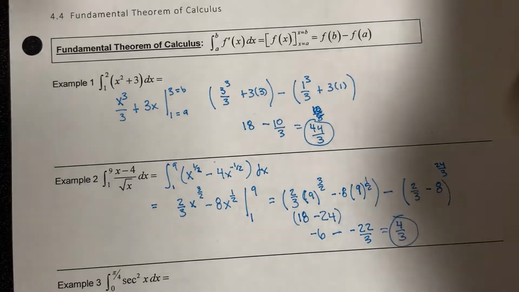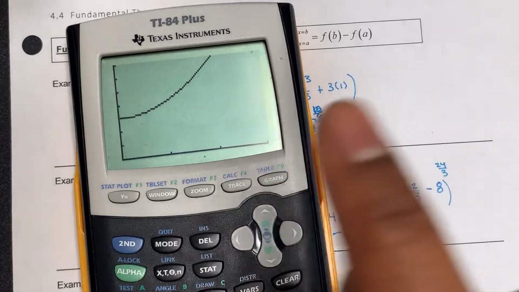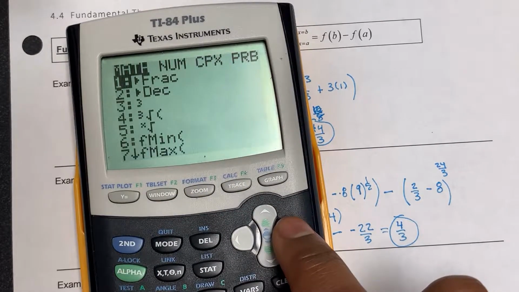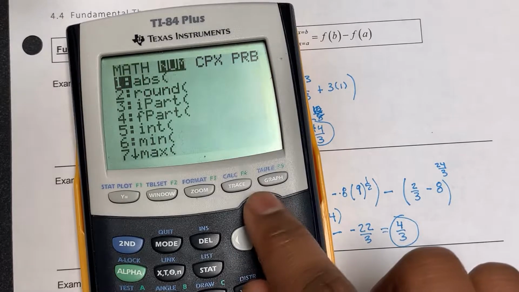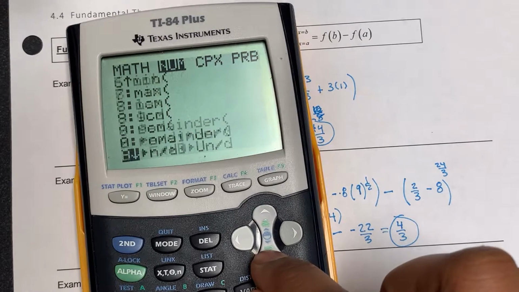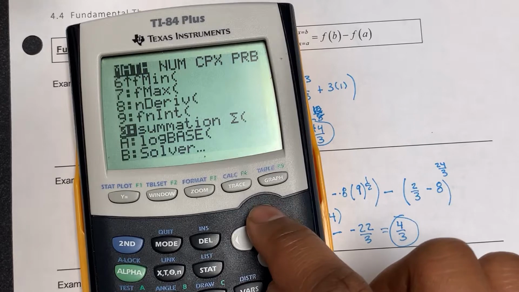I do want to show you that on your calculator, you should be able to check this. Let's see how we do this. You go to math, number, where is it? Math, oh, it's integrate.